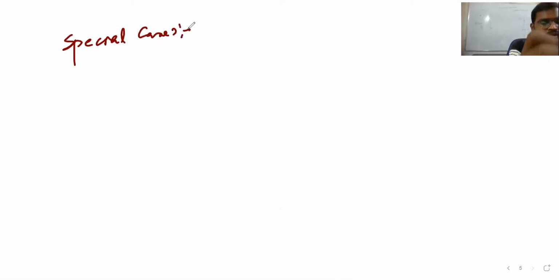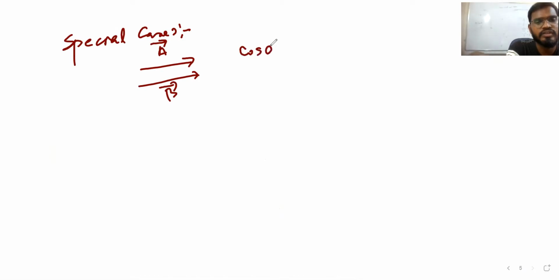Now some special cases we'll see. If both are parallel, A and B are parallel, then what is the angle, guys? Cos 0, right? Cos 0 means maximum. Cos 0 is 1.